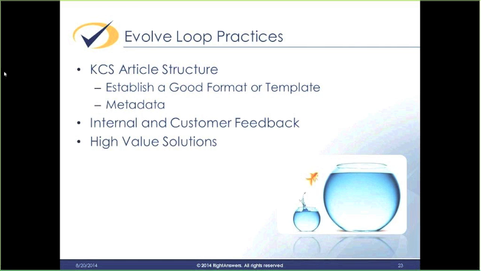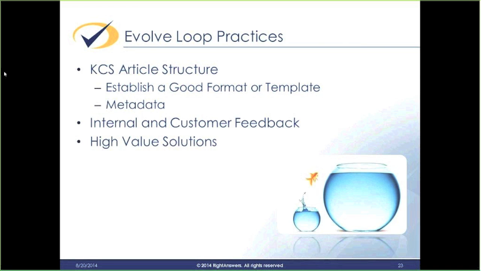Your knowledge domain experts are going to look at patterns. They're going to look at trends. They're going to look at what's happening in the solve loop, what activity is going on with the agents, what articles are getting the most action, in what categories we are creating lots of articles. So evolve loop content is considered to be of a higher value because it's actually derived from the usage.